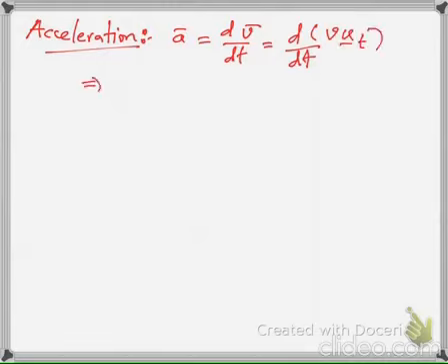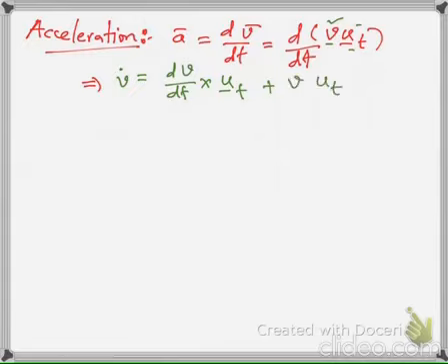So if we apply the chain rule, we keep the first one as it is and take the derivative of the other, and then take the derivative of the second part while keeping the first part intact. So the derivative would be the derivative of v multiplied by the unit vector t, plus v times the derivative of the unit vector t.